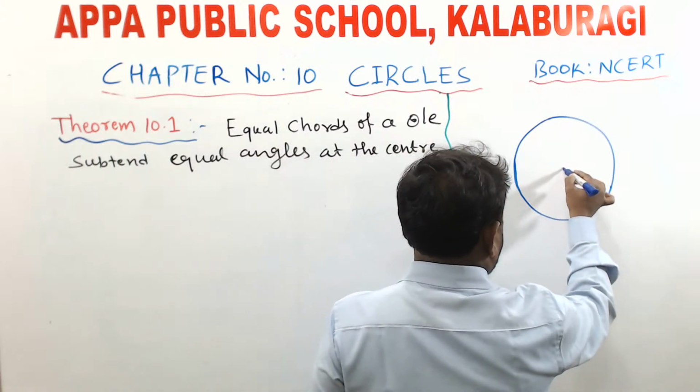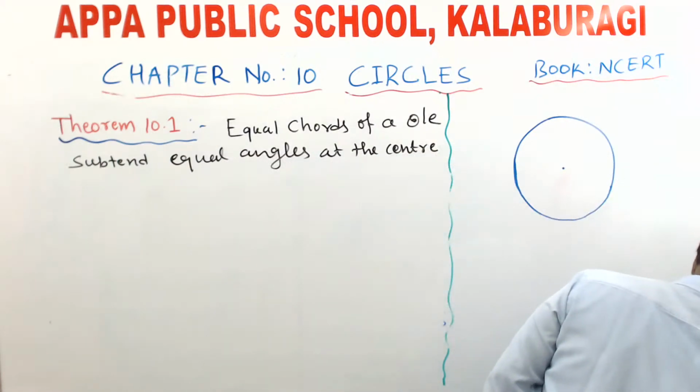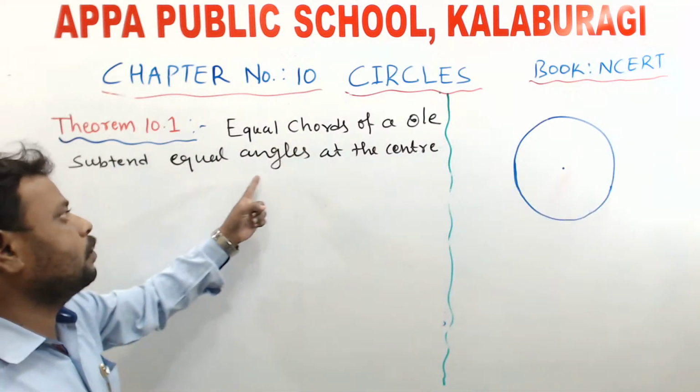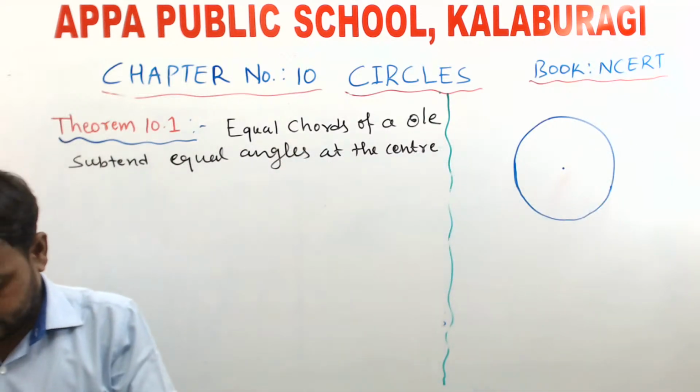At the center. Okay, so we'll complete the diagram. See, equal chords of a circle subtend equal angles at the center.